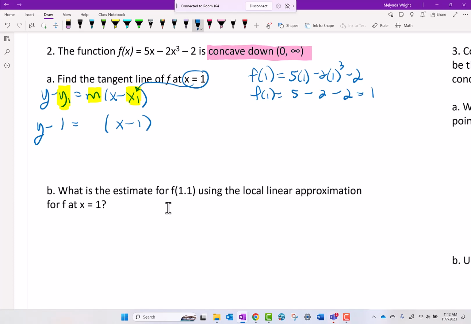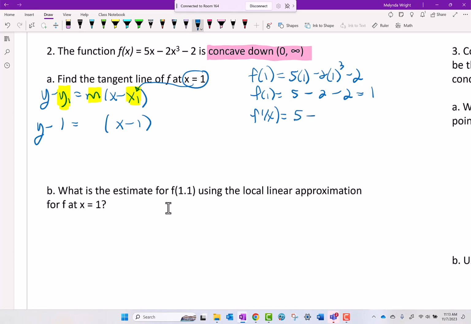How am I going to find the slope? What do I need to do to find the slope? I need to find the derivative, right? So f prime of x, we just use our power rule. That's kind of nice, right? Just the power rule after we've learned all the other fun rules, product rule, quotient rule, chain rule. Yeah, power rule is kind of nice. So the derivative of 5x is 5.